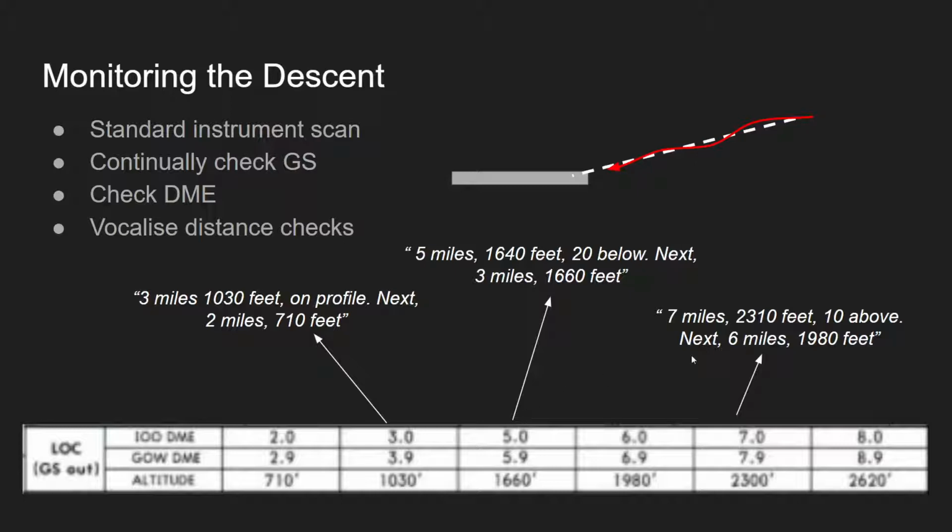Okay? Cool. So in reality, you're not going to be doing every single one. And you'll probably miss the first one because that's the time it takes for you to set up on the descent. It'll take you about a mile. And let's say I'm too low. Shallow out the descent rate by about 20, 30 feet per minute.